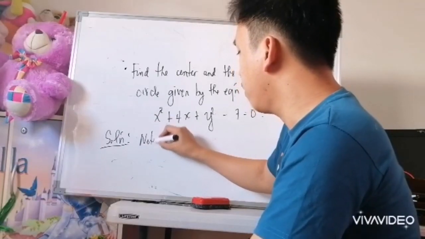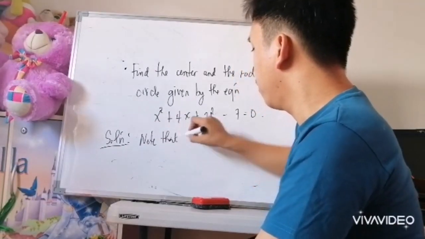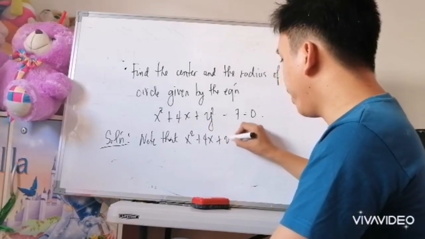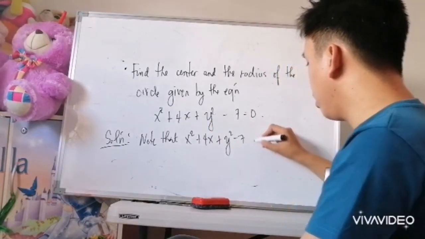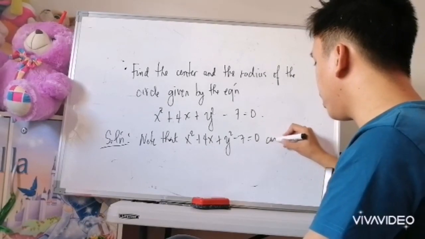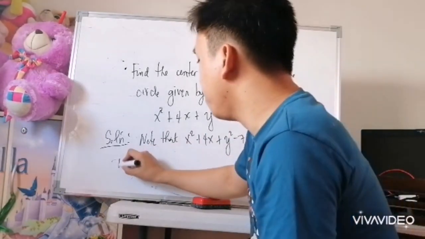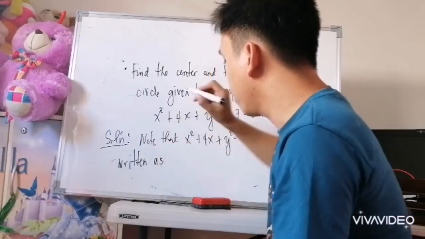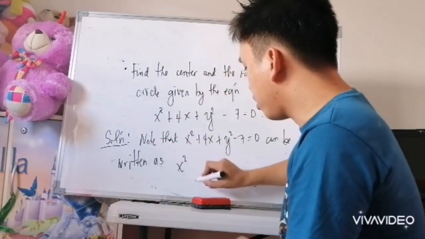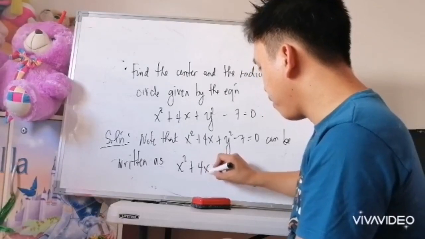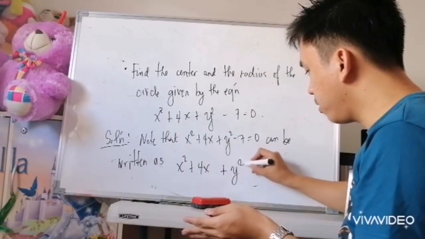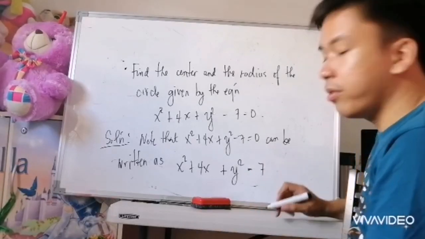Note that x squared plus 4x plus y squared minus 7 equals 0 can be written as x squared plus 4x plus y squared equals 7.